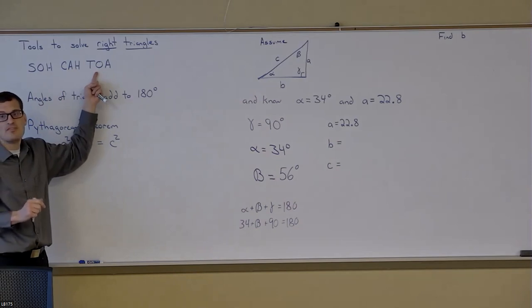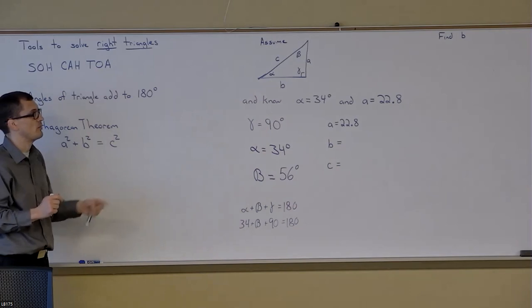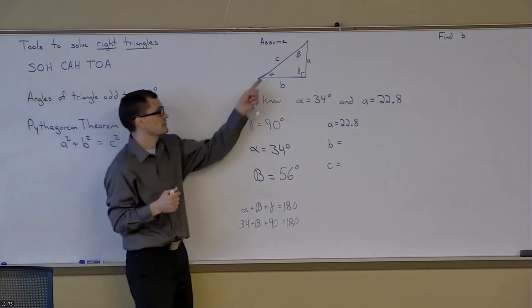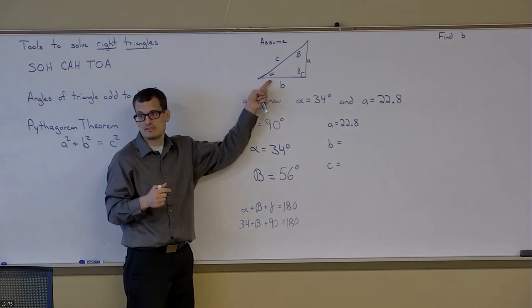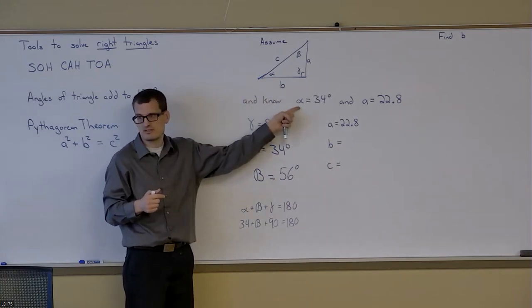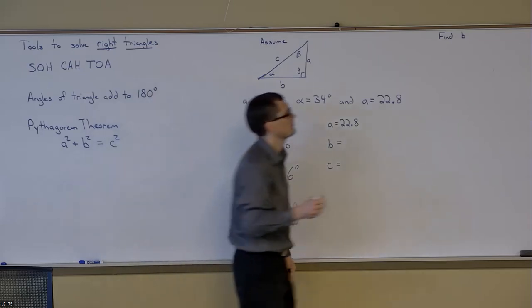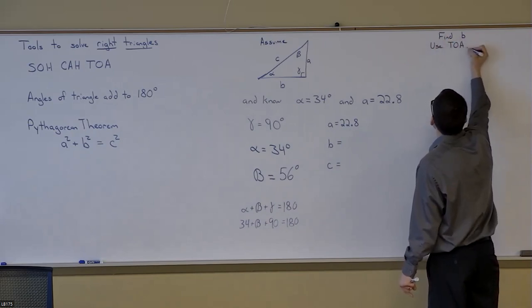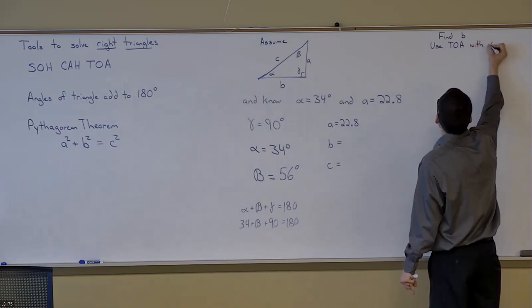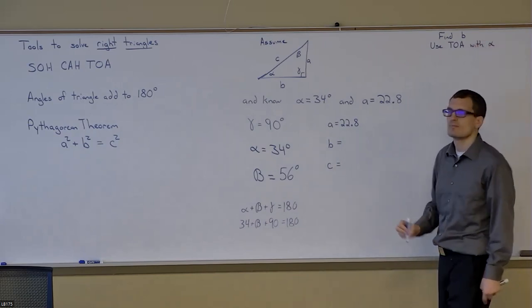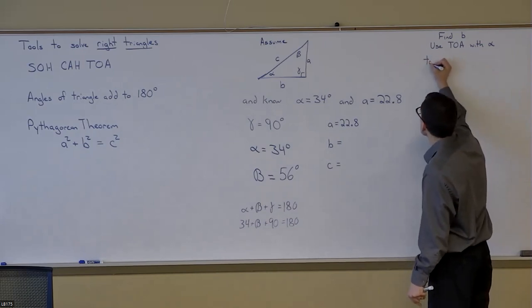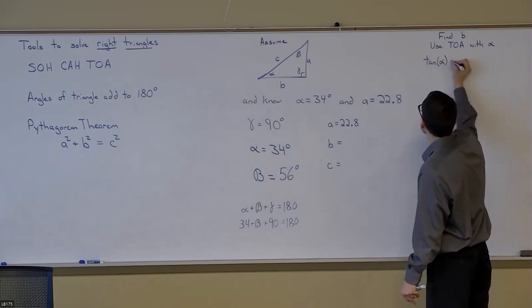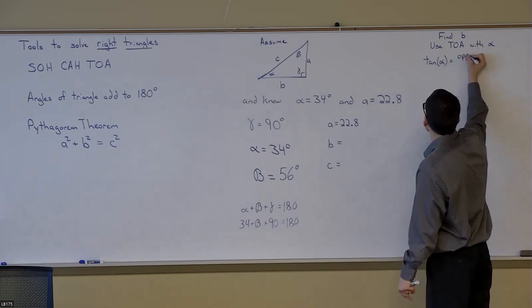And then I have to decide, well, which angle do I want to use? I think I will use angle alpha because that was the one I was originally given. It's usually a good move. So I'm going to use TOA with angle alpha. That is, the tangent of alpha is the opposite over adjacent.